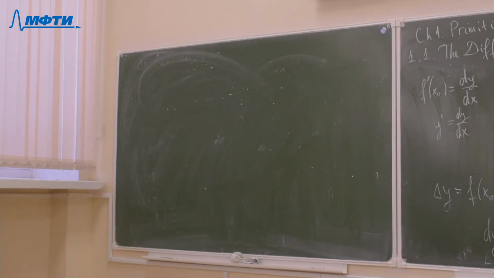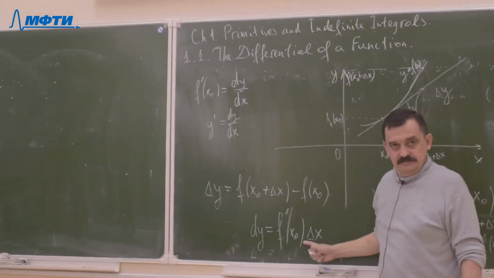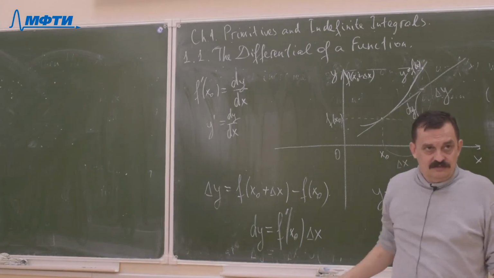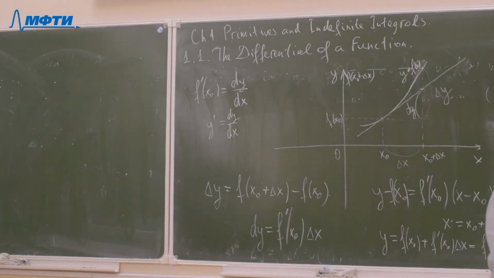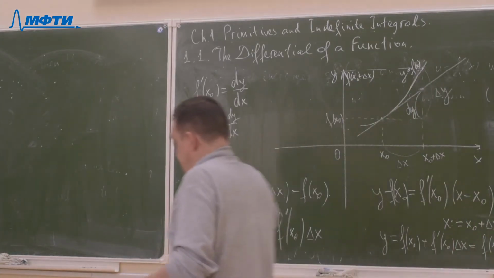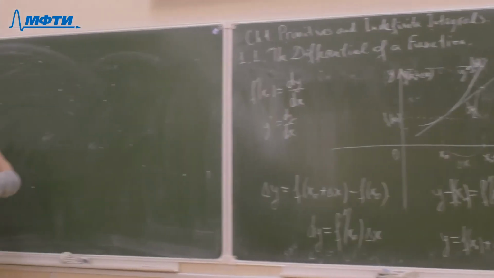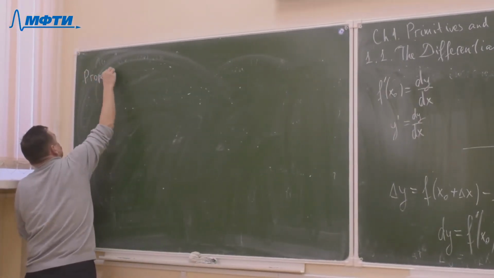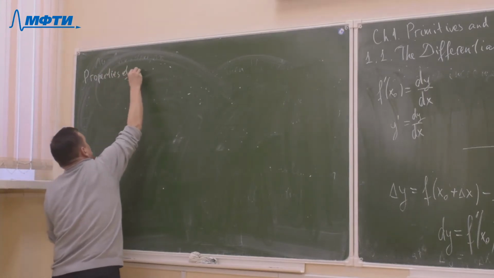What is the differential? Derivative times delta x. So take a property of the derivative, multiply by delta x, and we have a property of the differential. That's it. So, properties of the differential.